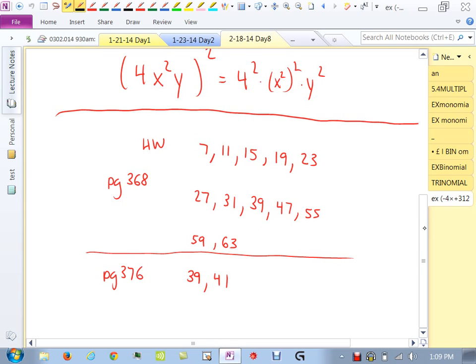Yeah, I picked them by just looking at them in the book, so I don't know. There might be a pattern there of every other odd. I don't know. Almost. Yeah, almost. Yeah, up till 31. All right.